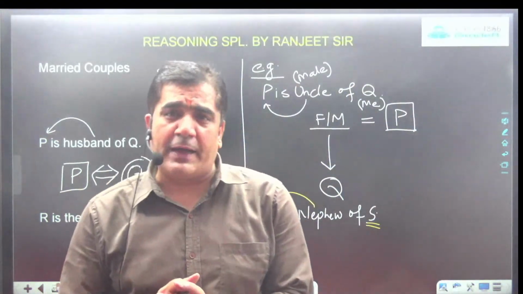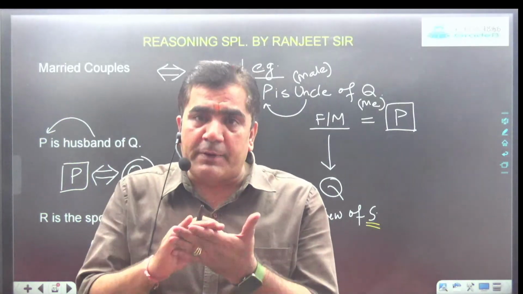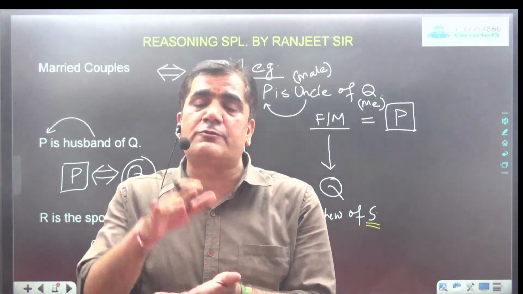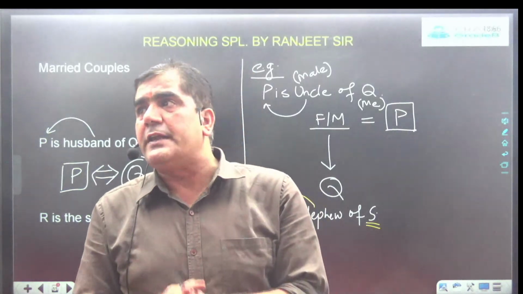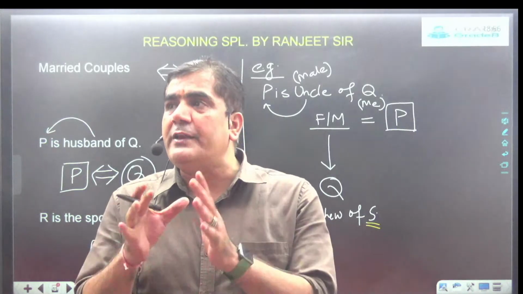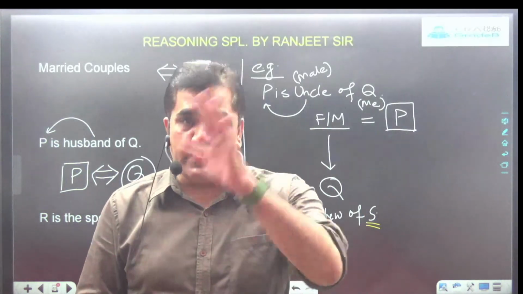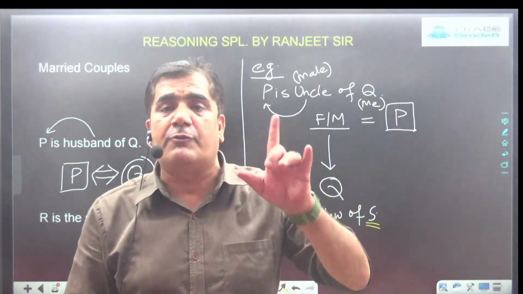Now, who will be called nephew? Nephew will be nothing but my brother or sister's son. My brother's son will be my nephew, my sister's son will be my nephew. So if I need to plot the nephew, I need to plot my brother, sister first, and my brother, sister's son will be my nephew. Clear?